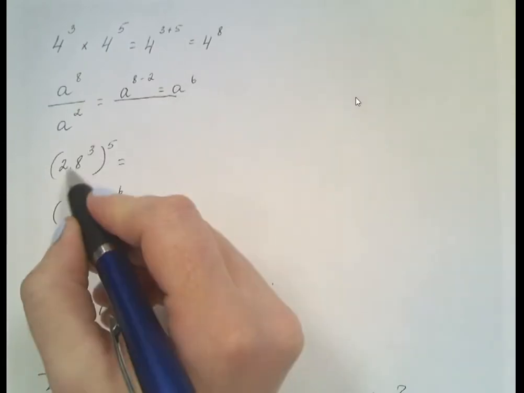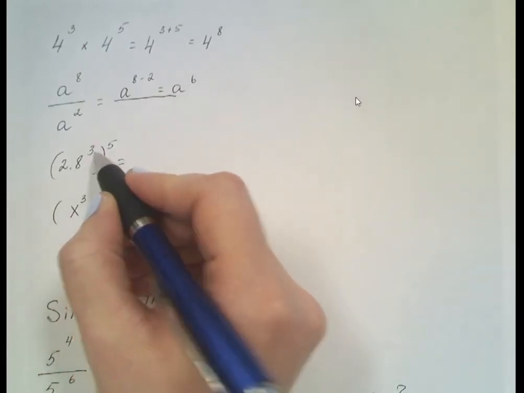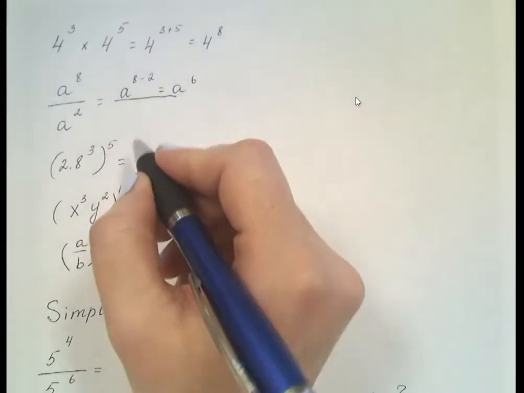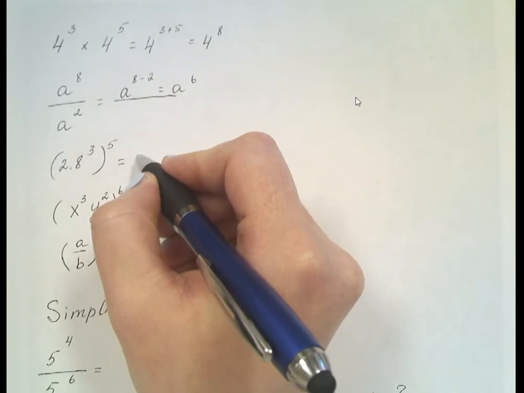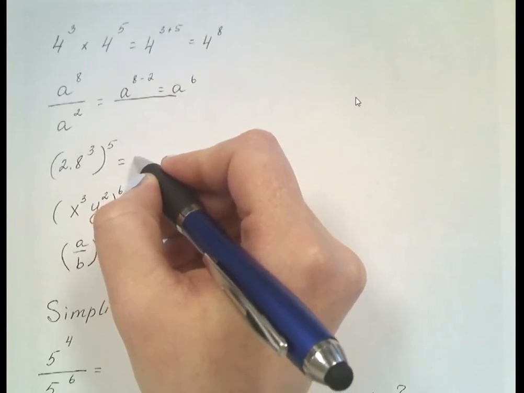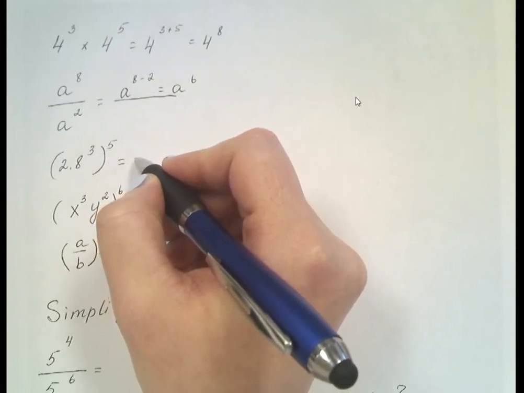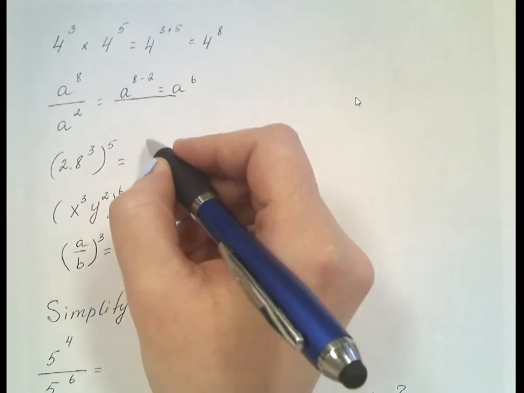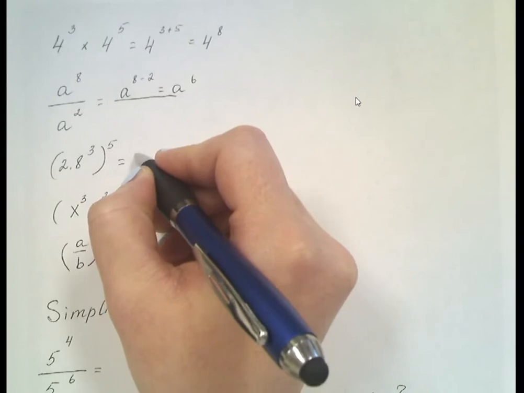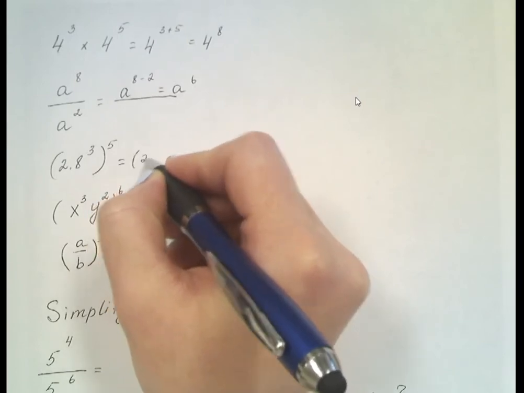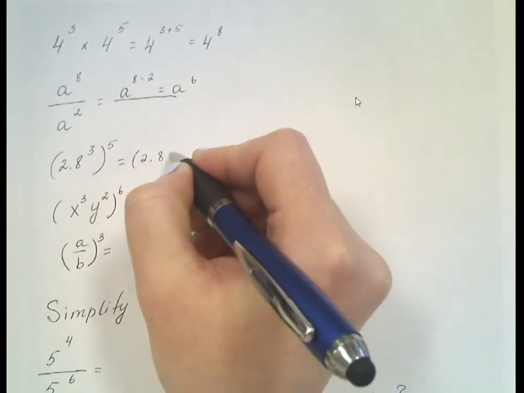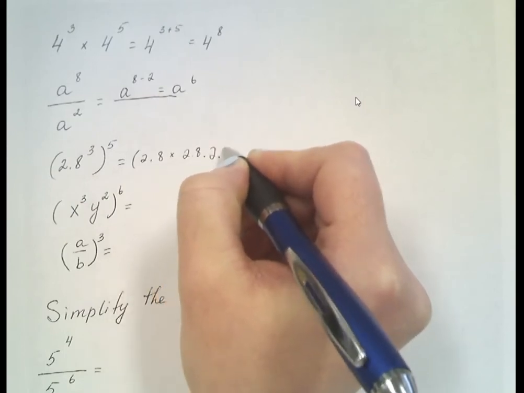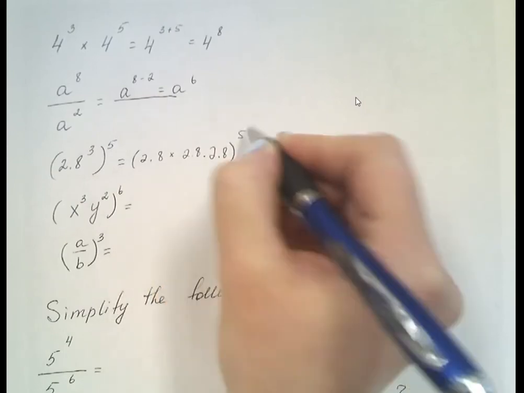Next one, 2 and 8 tenths to the third power, raised to the fifth power. What that is, I have three groups of 2.8 multiplied by itself, and then that is multiplied by itself 5 times. So that is 2 and 8 tenths times 2 and 8 tenths times 2 and 8 tenths, multiplied by itself 5 times.